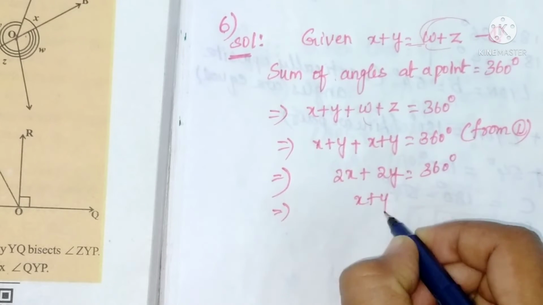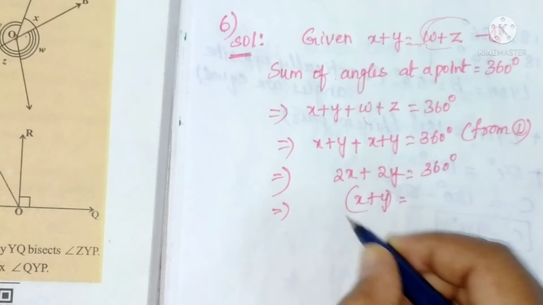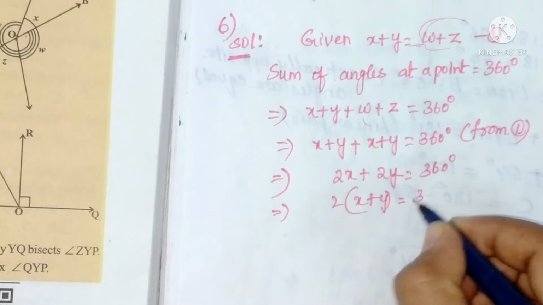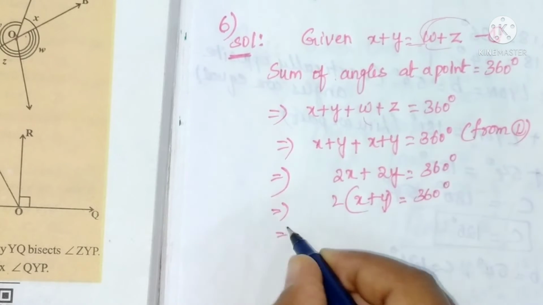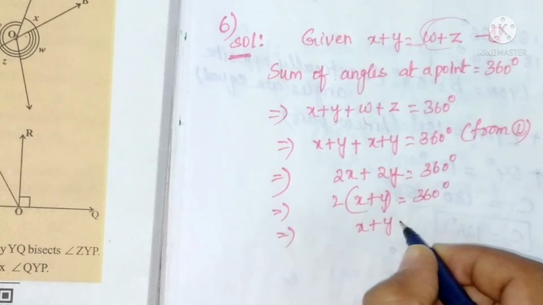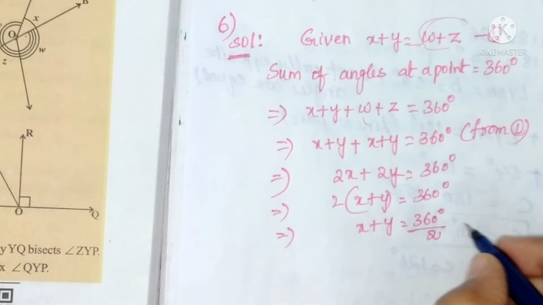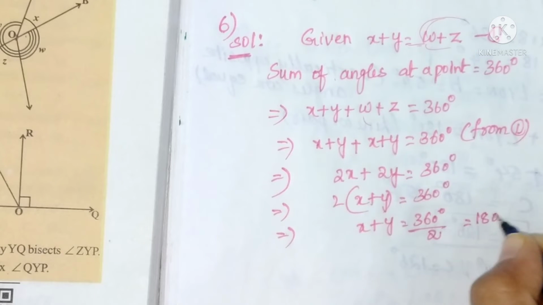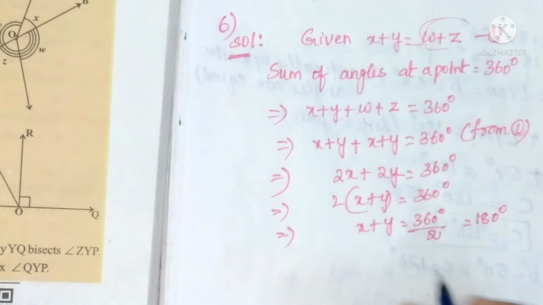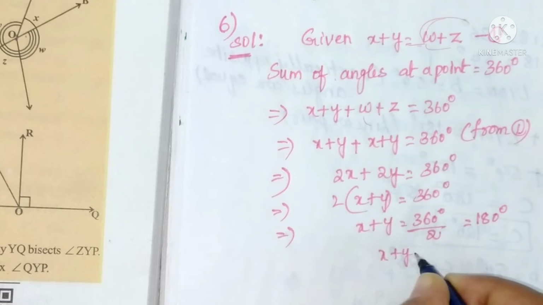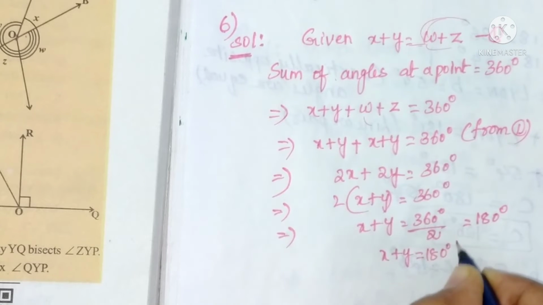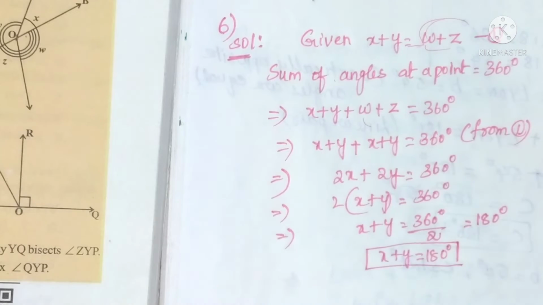Then if we take 2 common, x plus y is equal to 360 degrees by 2. So what is half of 360? It is 180. So finally x plus y equals 180 degrees.